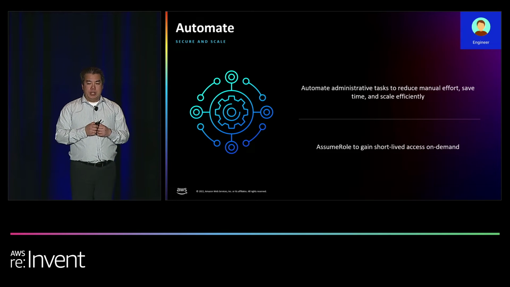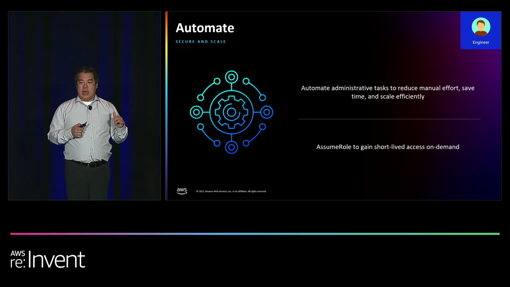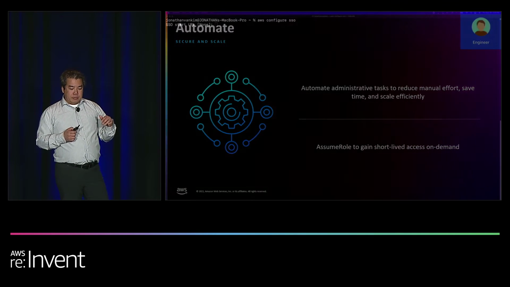And of course, as I already mentioned earlier, you can log in and get those credentials using CLI v2 instead of having to use any type of screen scraping or static credentials such as IAM users. This is the preferred way for humans to get access to temporary credentials.